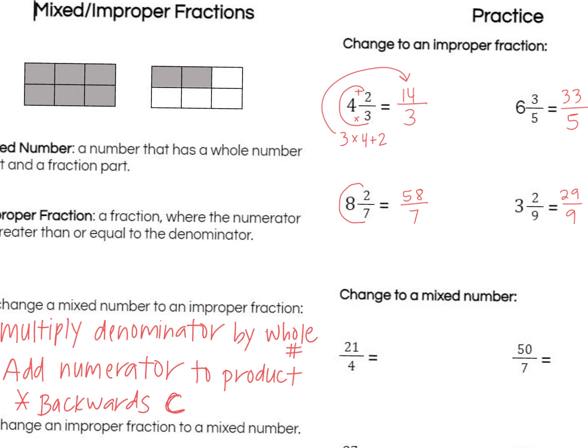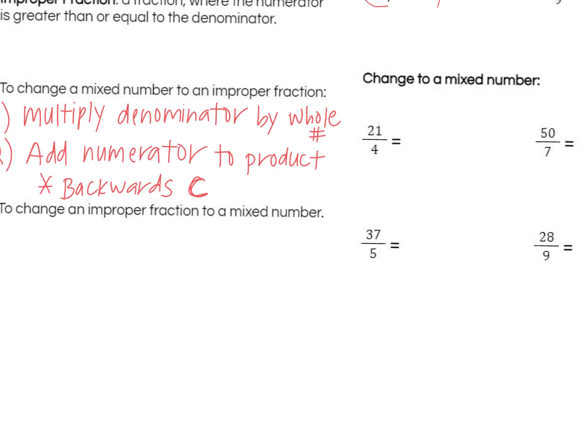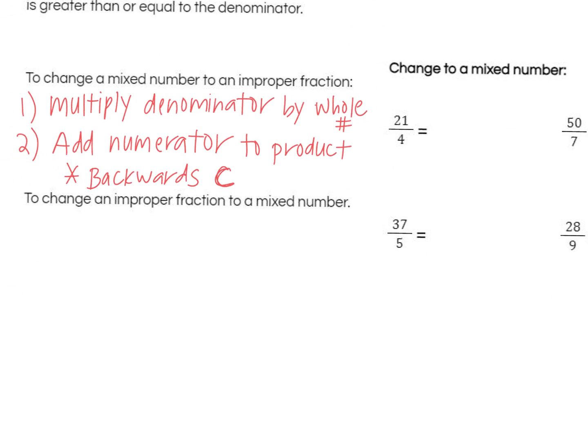Is that easy enough? Okay, now, how do I change an improper fraction to a mixed number? This takes a little bit more steps. 3, in fact. Step 1 is what I like to say, box the top. We box the top, okay? So what does that look like?